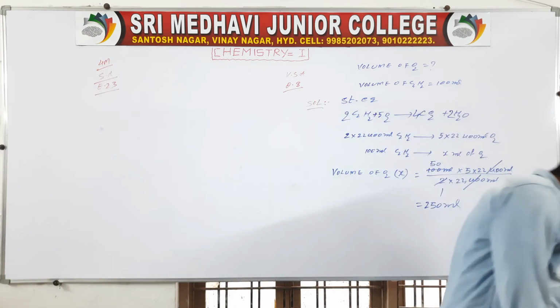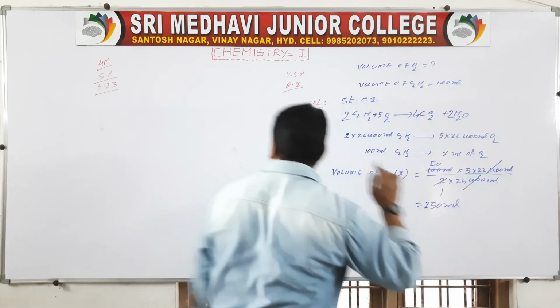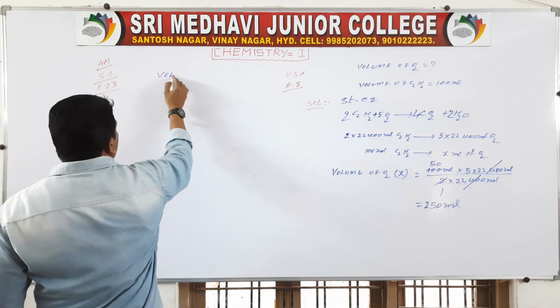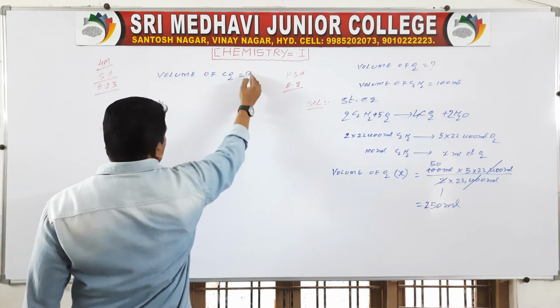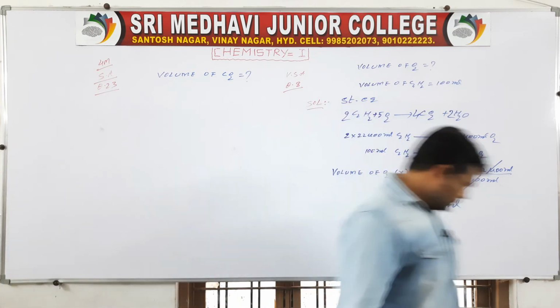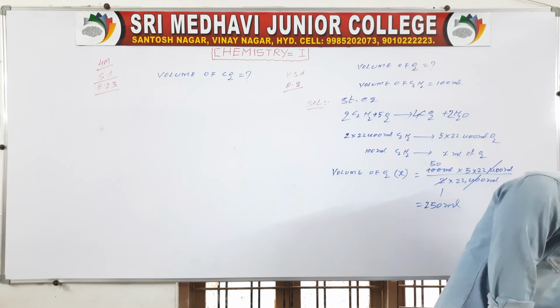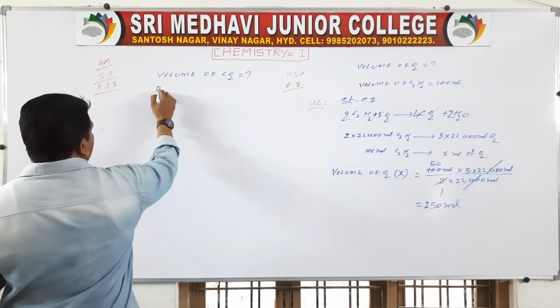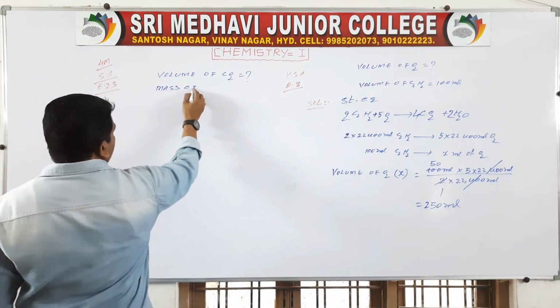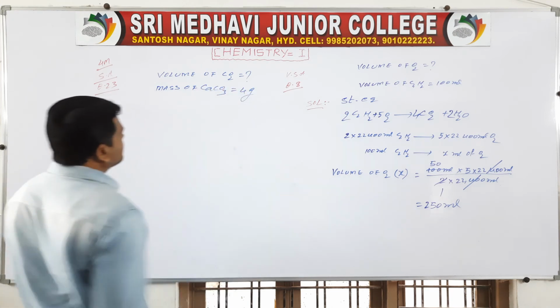See here, what volume of CO2 is obtained at STP by heating 4 grams of CaCO3? The volume of CO2 we have to calculate. So the mass of CaCO3 equals 4 grams.